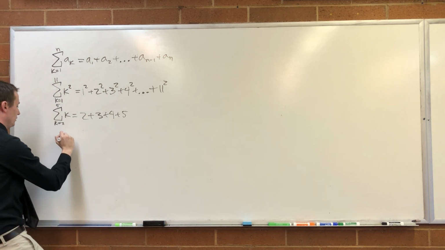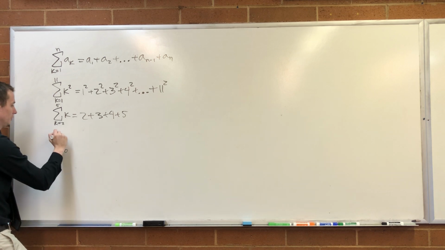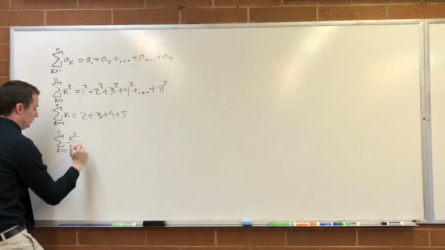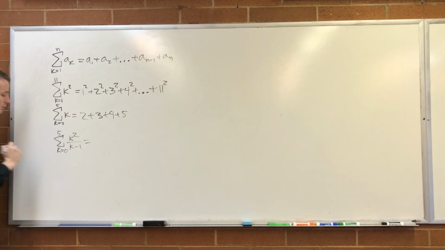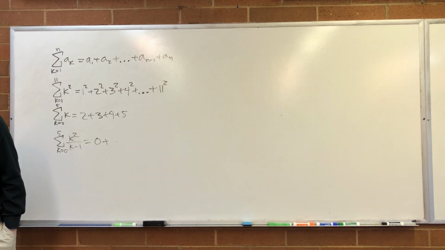Let's try another one. Let's look at the sum from k equals 0 to 5 of k squared over k minus 1. What's that equal to? 0 plus... oh, doesn't work. I got something undefined. So I didn't write this down the same way he did.